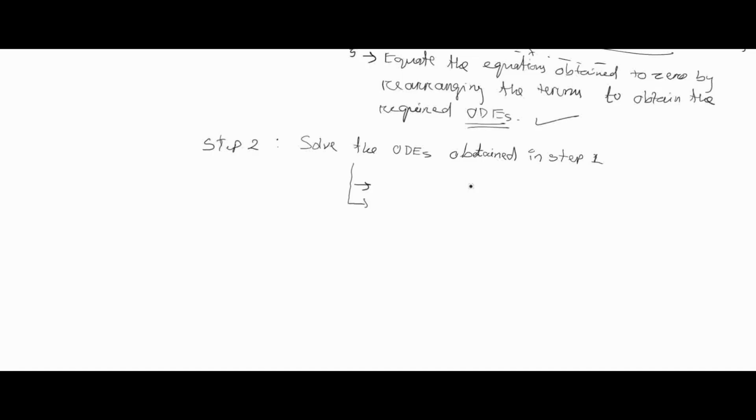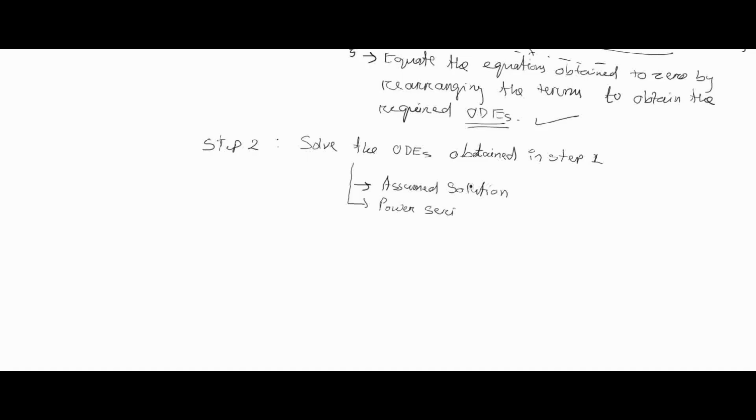One is the assumed solution method, where a known ordinary differential equation can have a known solution. We will assume a typical solution for a typical ordinary differential equation, and on the basis of that we will obtain a solution. The second one is the power series solution.